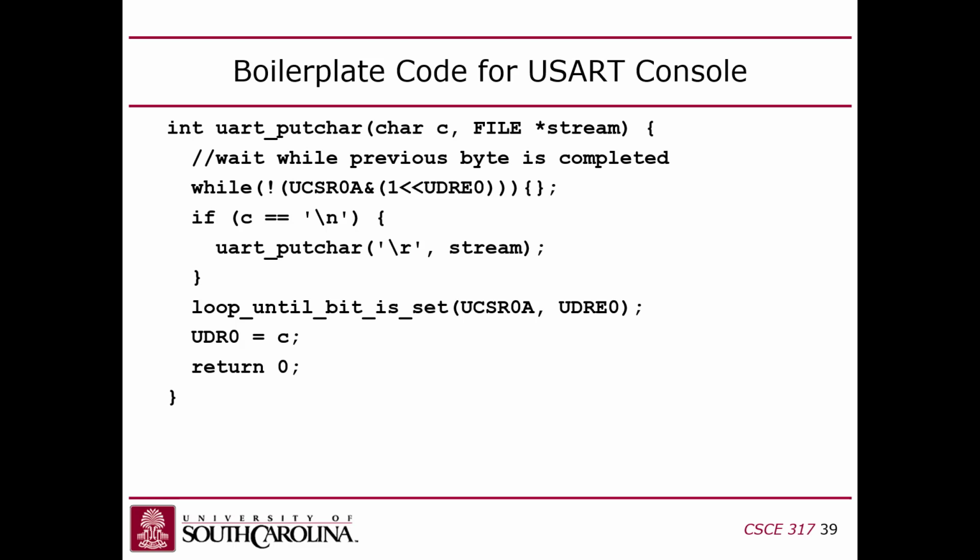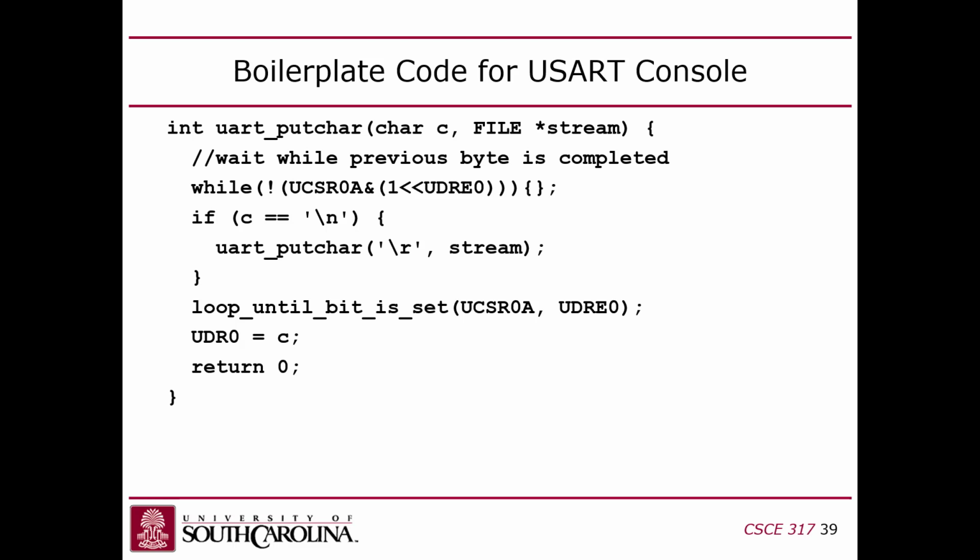So it inserts a \r before any \n, and that's just because in UART, line breaks are handled with \r\n. In Unix, if you store a string in C, you would just have a \n for a new line. But on the console, when you use a terminal emulator, new lines should start with the combination of \r\n.